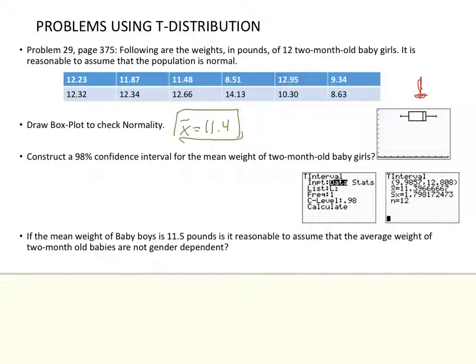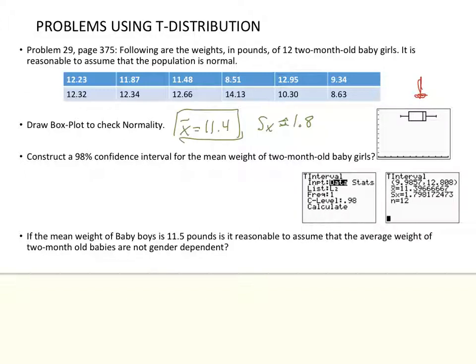Now, we also get sx, because we don't have the population standard deviation. We find that in this particular case, approximately the standard deviation is 1.8.